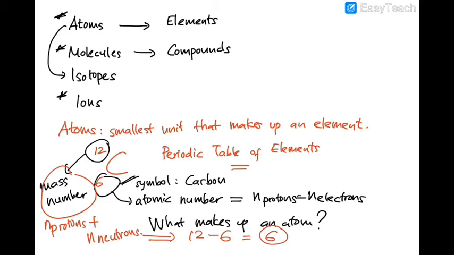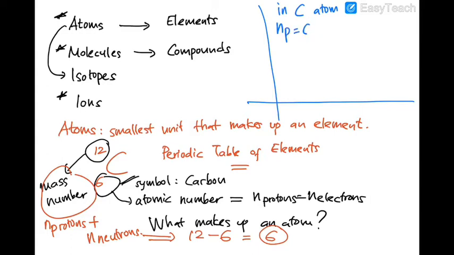So in a carbon atom, let's write it here, we have 6 protons, 6 electrons, and also 6 neutrons, with the mass of 12, and don't forget the unit is AMU, or atomic mass unit.